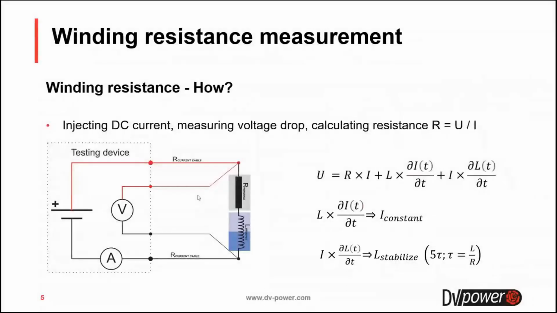Winding resistance measurement, how do we do it? It is not a simple process as it looks. We inject DC current, we measure voltage drop, and calculate resistance.